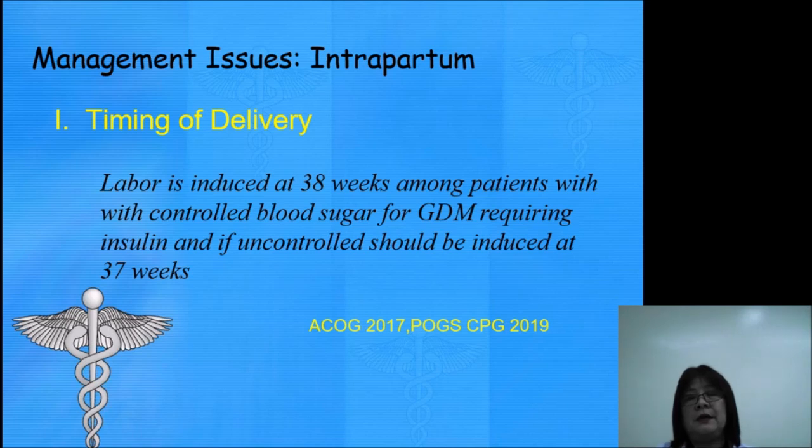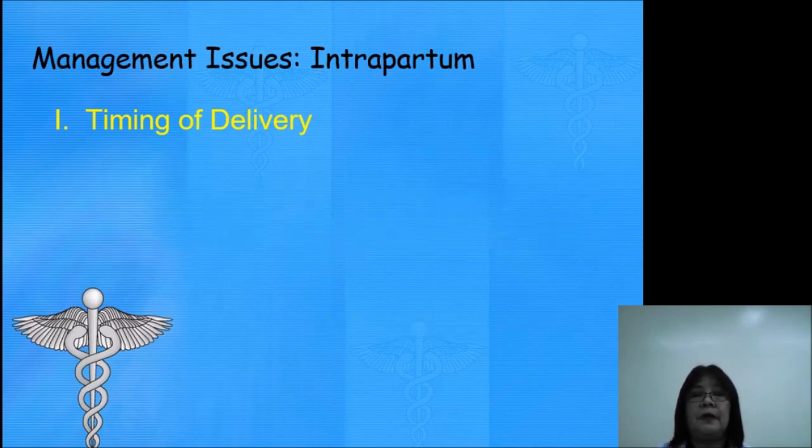So again, let us repeat. If your patient is on insulin with uncontrolled sugar, the termination of pregnancy should be at 37 weeks. But if the sugar are controlled and your patient is on insulin, you can induce labor at 38 weeks.